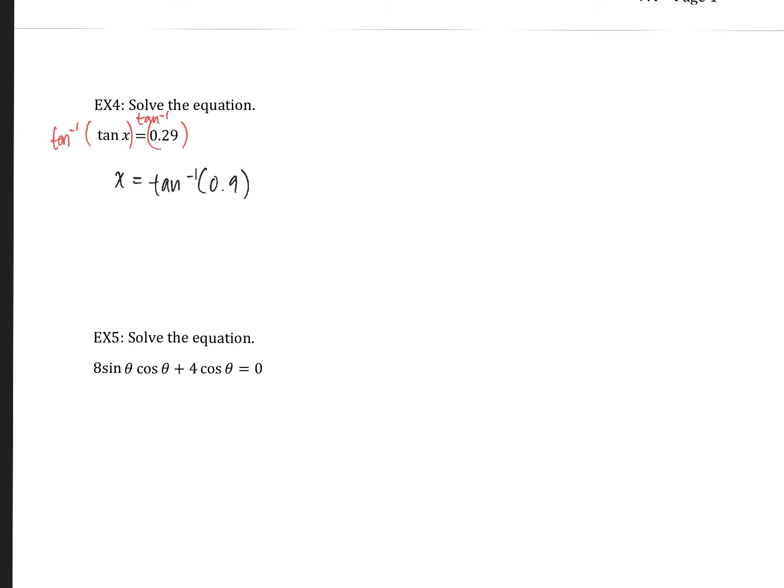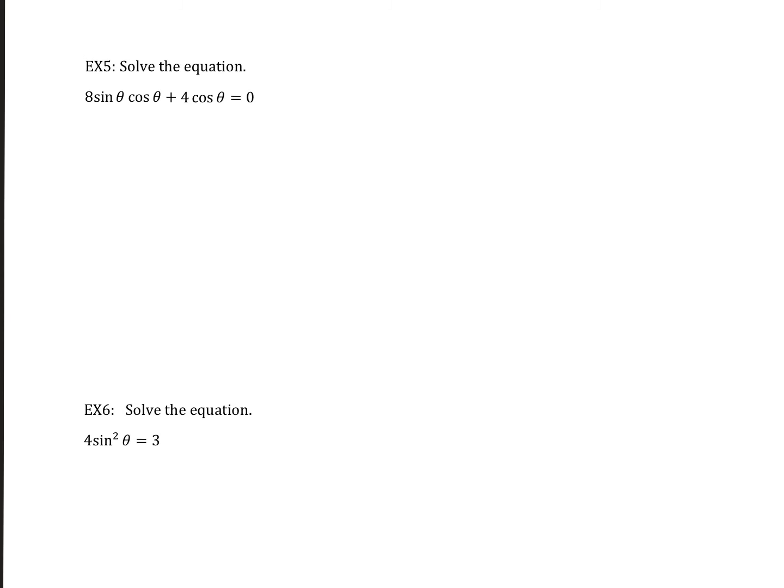Okay, so we have x equals tangent inverse of 0.29. And once again, since we aren't given a specific interval, we just need to go ahead and do multiples of pi for tangent. So just go ahead and say adding or subtracting some value times pi, and those would be the answers, whatever they might be.